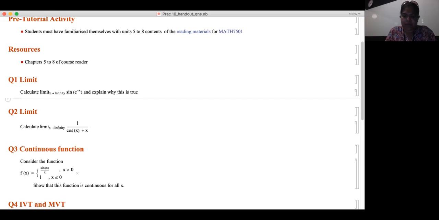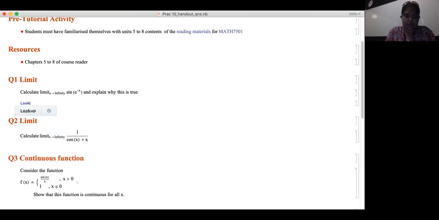Limit of composite functions. Look at page 104 of the course reader.